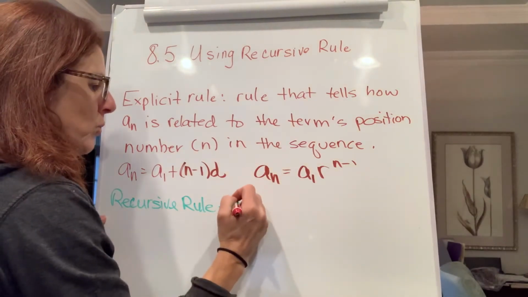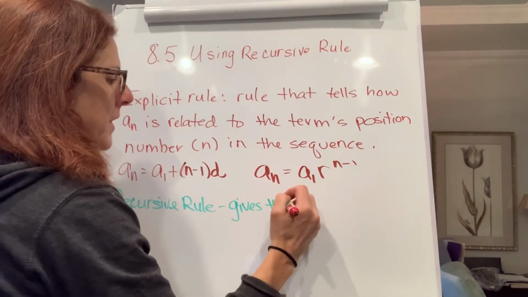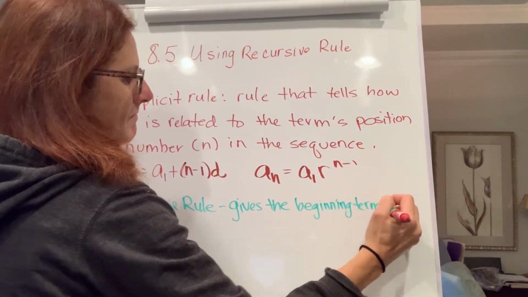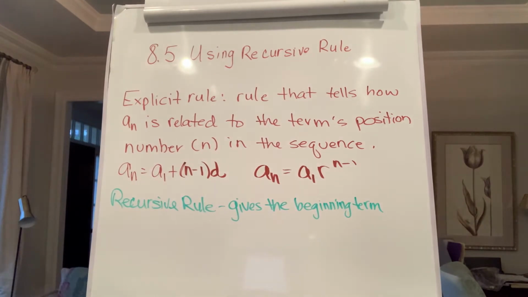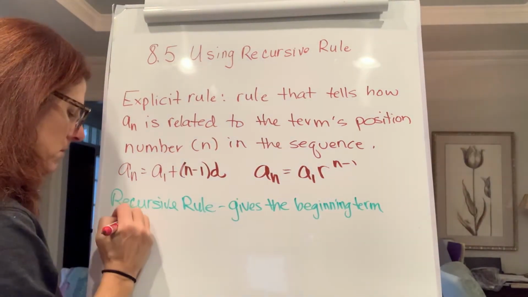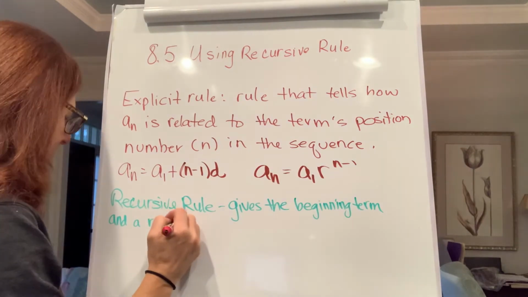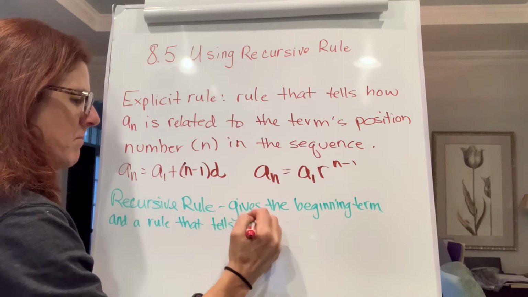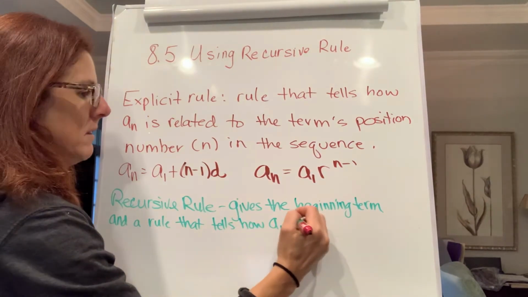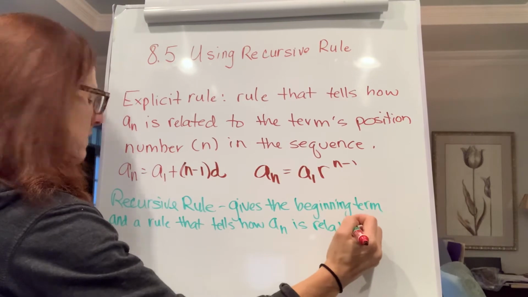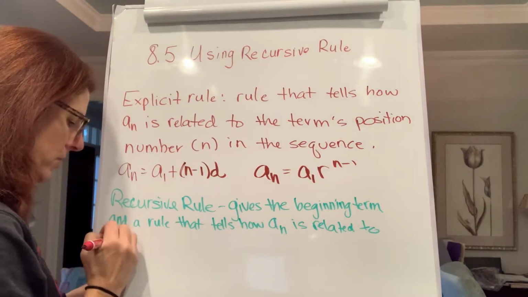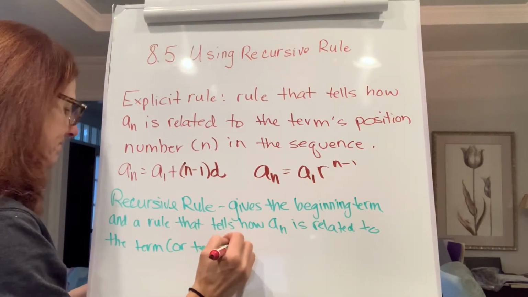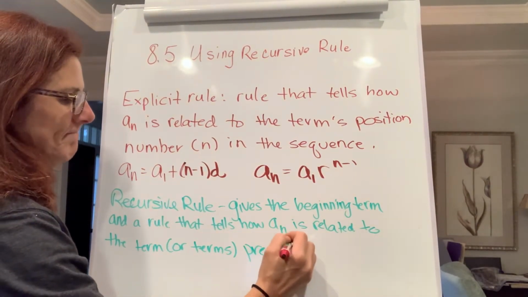So a recursive rule gives the first term, and then a rule that tells how a_n is related to the term or terms before it, or preceding it.